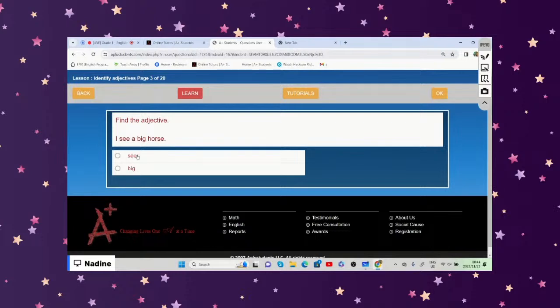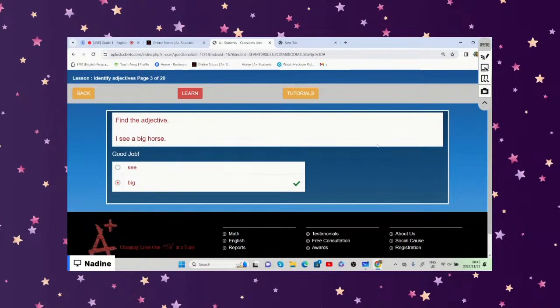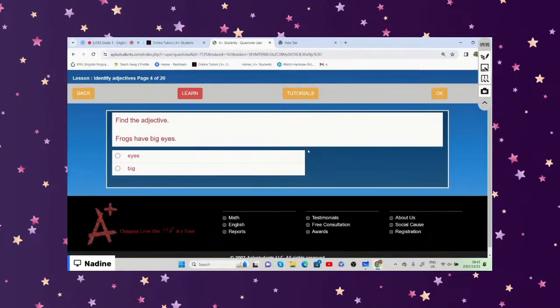Is it see or big? And we're going to say big horse, right? So it describes the horse. So it is big. Big describes the horse.